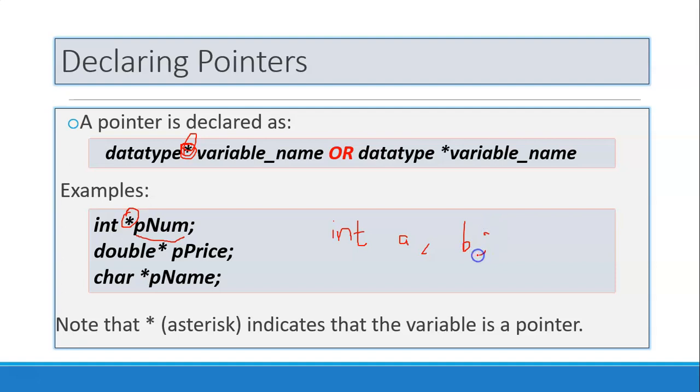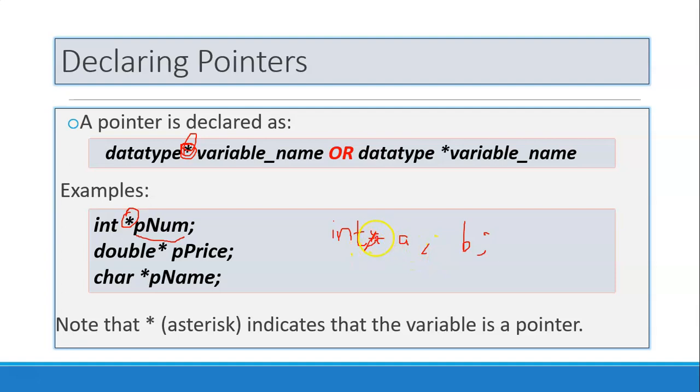But if you want to have both of them as pointers, and you just come here and do something like this, the implication here is only a will be considered to be a pointer, and b is not going to be considered as a pointer. So both of them are supposed to have an asterisk.